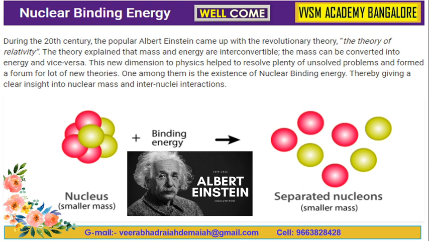Einstein's mass energy relativity is a wonderful phenomenon in nuclear and modern physics. The theory explained that mass and energy are interconvertible. Mass can be converted into energy, and energy can be converted into mass.